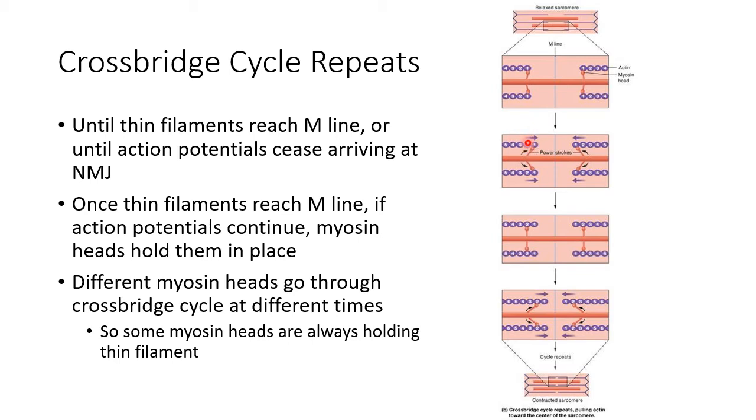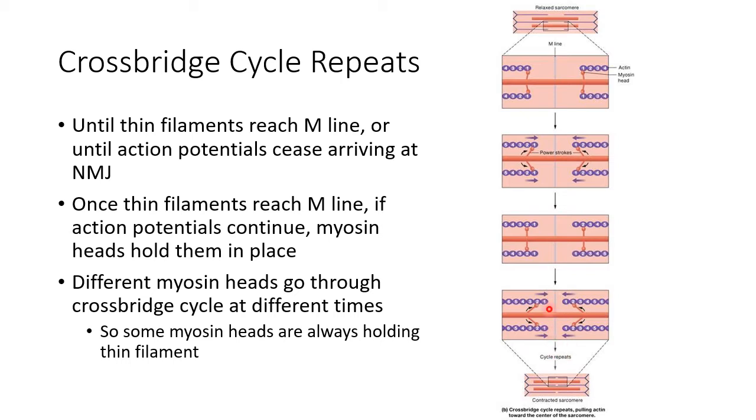So as you cross-bridge cycle, the thin filament moves closer in towards the M line, towards the center of the thick filaments. Then the myosin is going to grab a new actin head and do the power stroke and bring that closer into the center, and then it would grab a new actin active site and do the same.